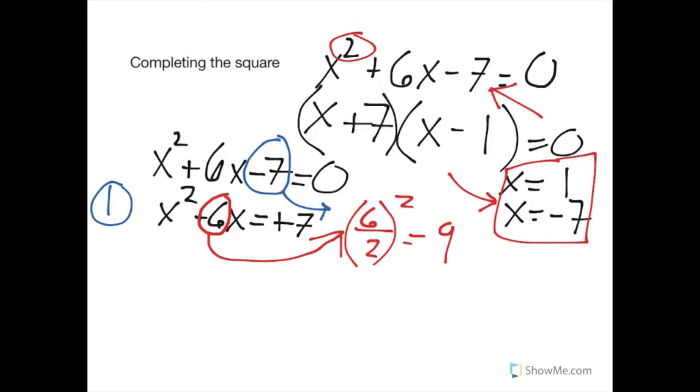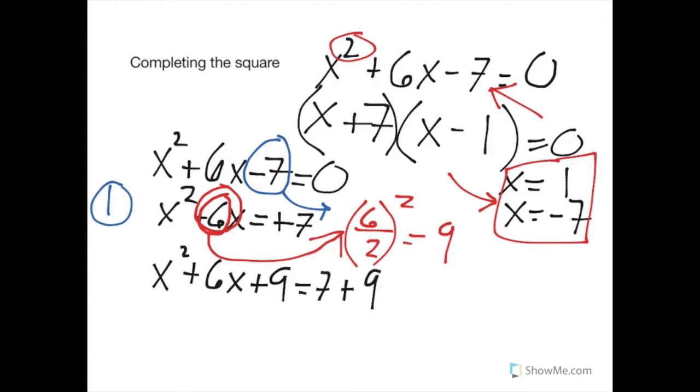That's all you got to do. And what you do with that number is you add it to both sides of your equation. Okay, so x squared plus 6x plus 9 is equal to 7 plus 9. All right, so that was it. You take this number right here, you divide it by 2, you square it, and you add it to both sides.